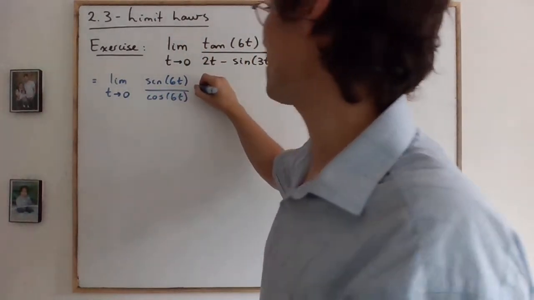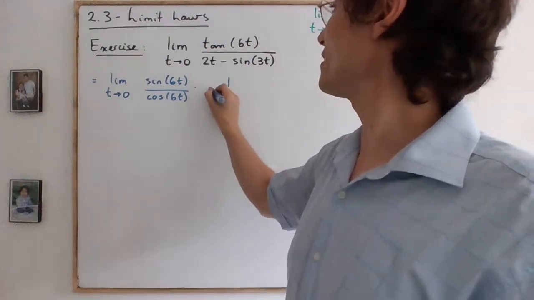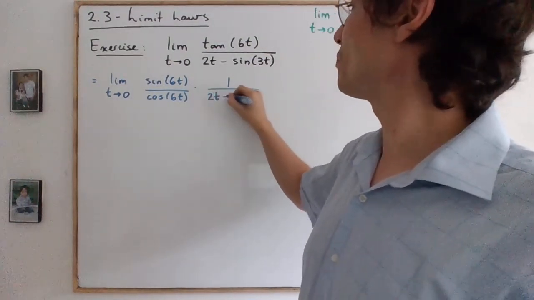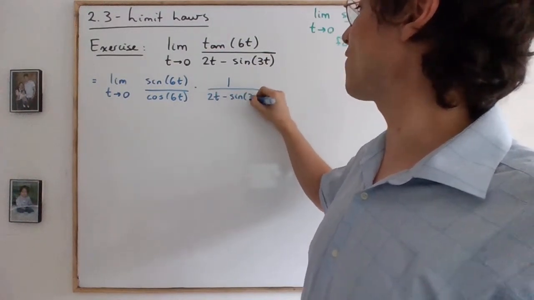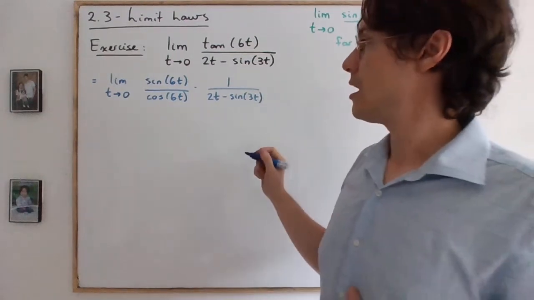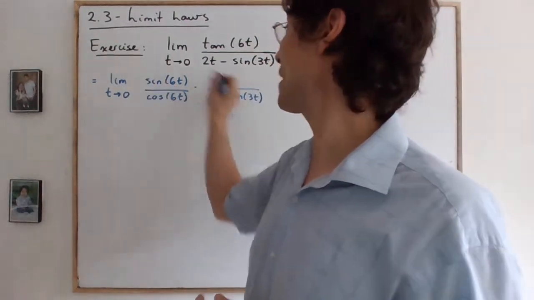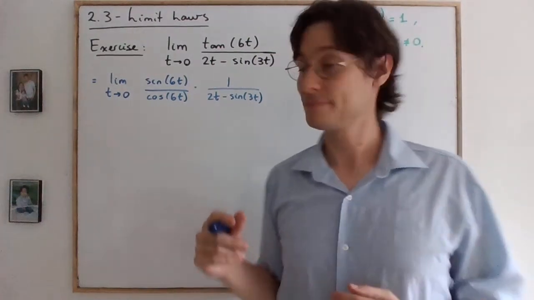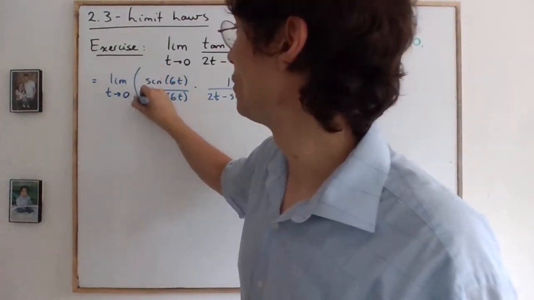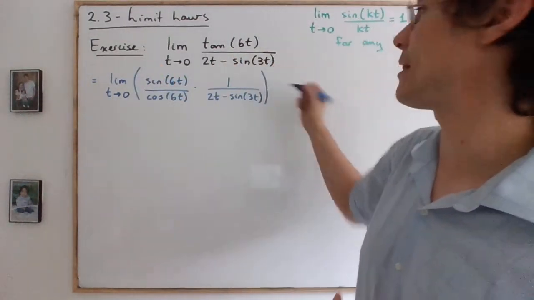And in these types of limit, I strongly recommend that you make several factors like this, okay? And of course, keep in mind that the limit has everything in it. So just to make sure that this is not confusing, I'll put these brackets.